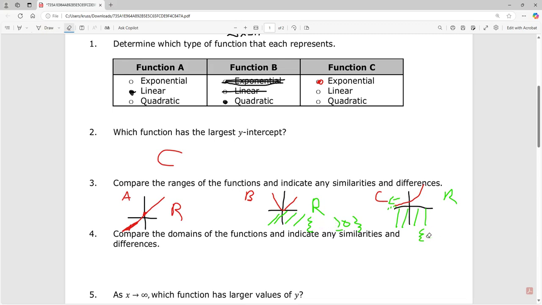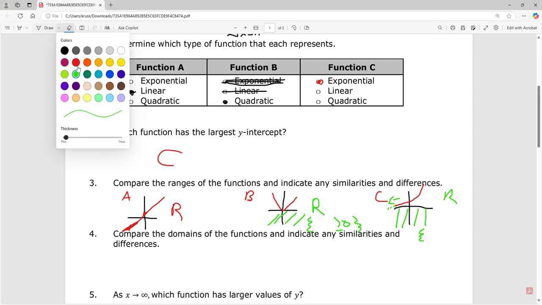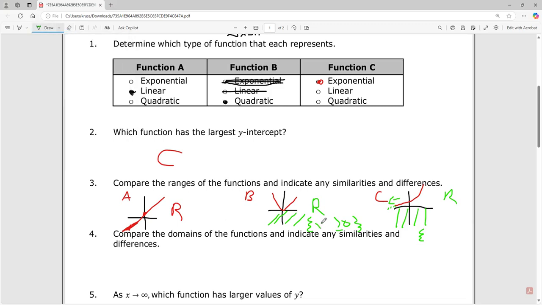What am I thinking? So all values of y such that y is greater than 0, and all values of y such that y is greater than 0, as compared to greater than or equal to 0. Right, so this one is all real numbers. The range for this is all real numbers.